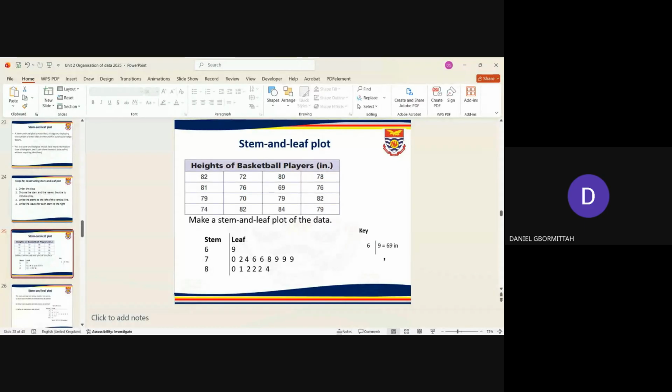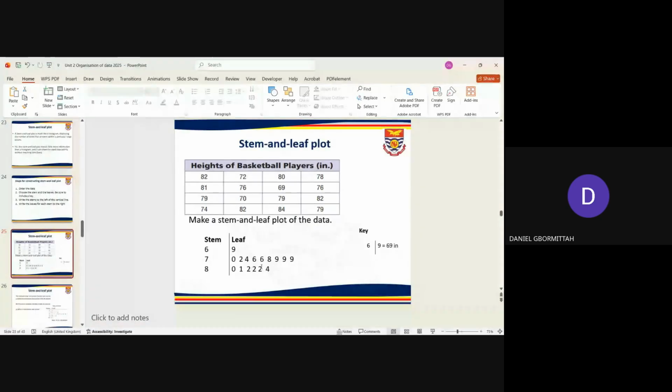Now, the key will tell us which one we are starting with. Usually you use the smaller number. You can also use the bigger number as a key, but it is easier using the smaller number. So the smaller number here is 69. In the 69, my 6 is the tens and my 9 is the ones.